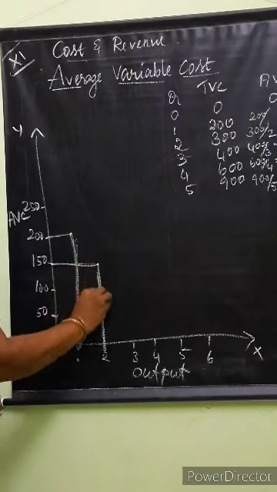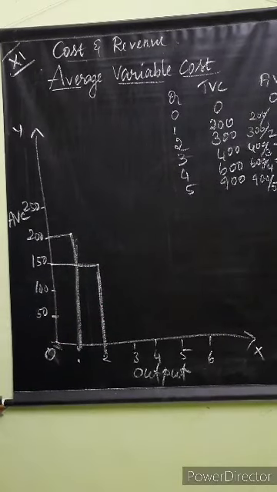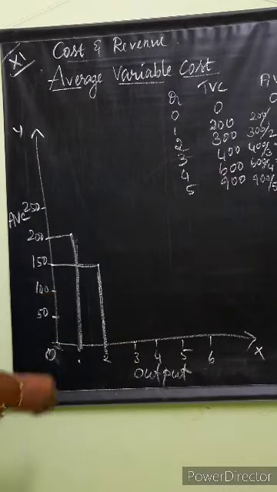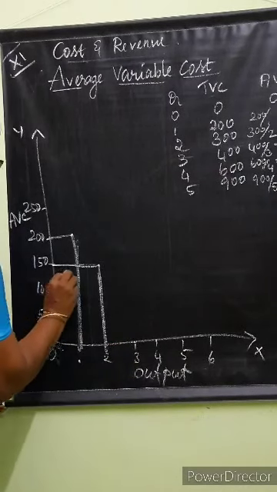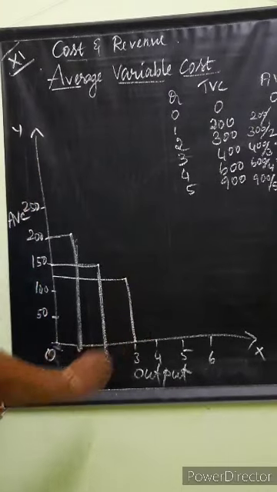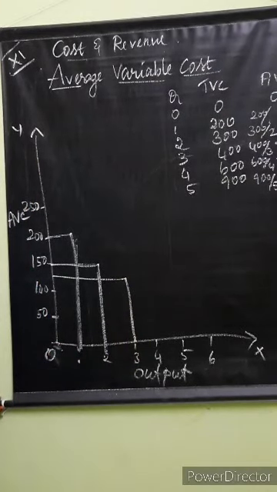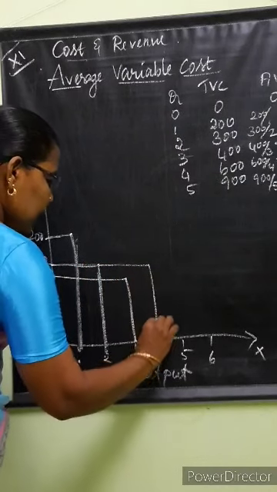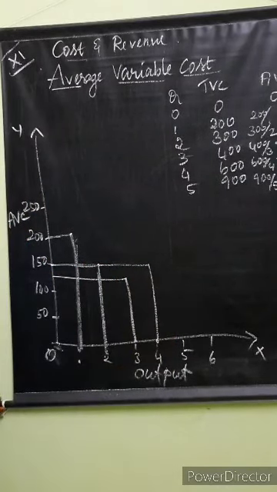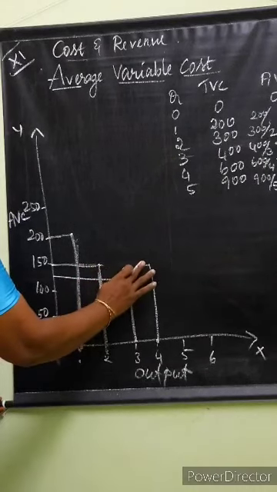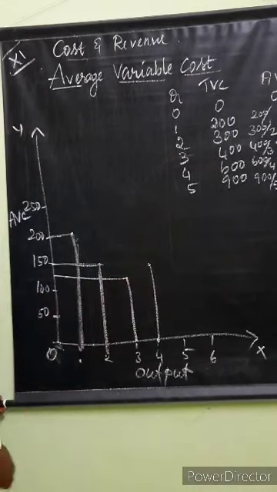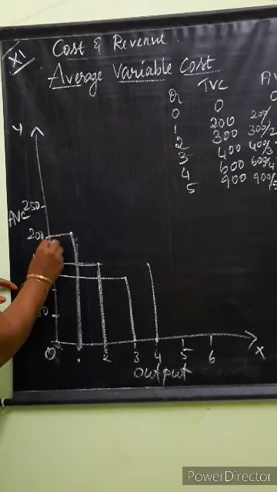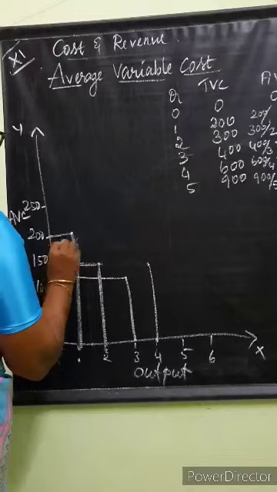When they are producing 3, it is 133. Maybe it may come like this. When it is 4, again it is 150. So let me draw the line like this. Isn't it? So the point will be here. At 5, 180, so it may be in between here.